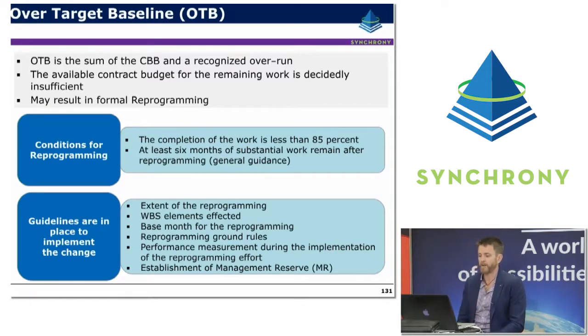Understanding the reprogramming ground rules, the performance measurement during the implementation of the reprogramming effort. So that's a really important one. So if it's going to take us a month to perform this reprogramming effort, what are we going to be reporting on as far as performance goes during that month? And re-establishing the management reserve.